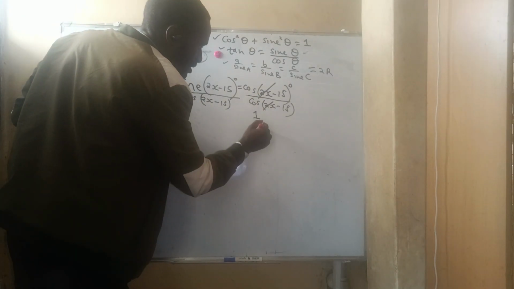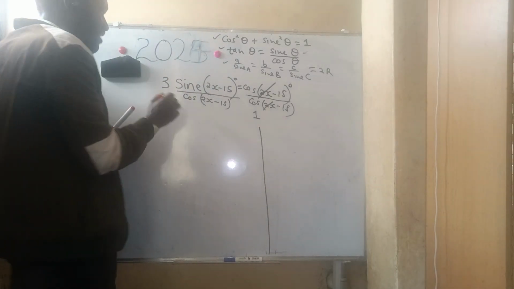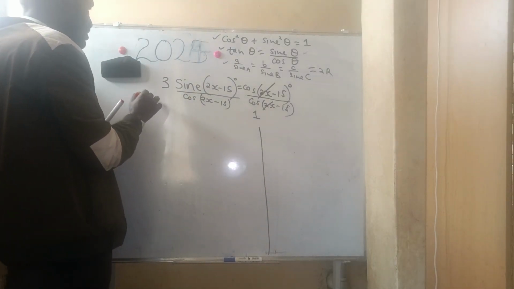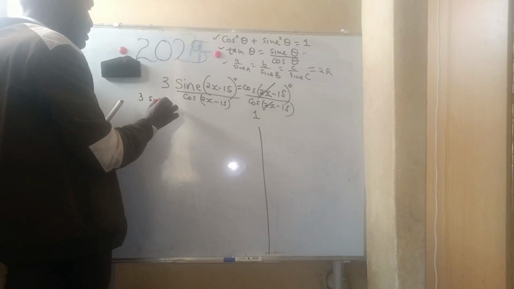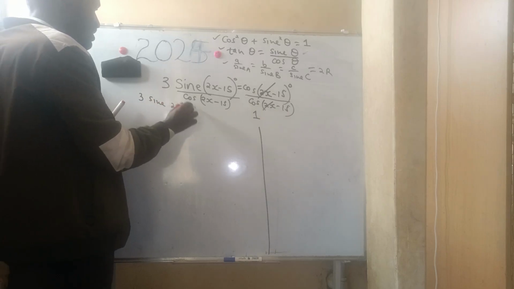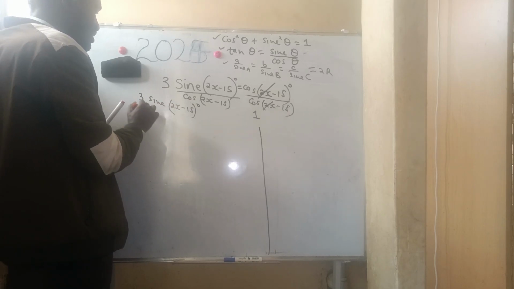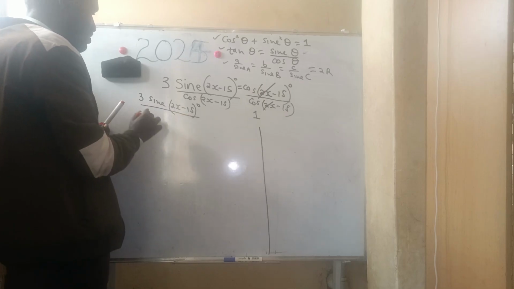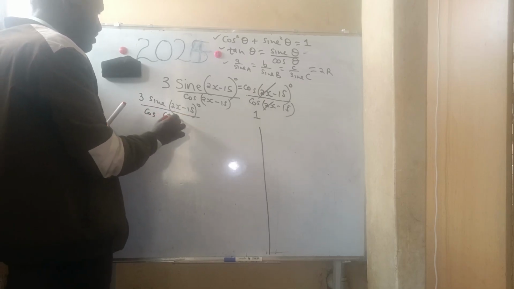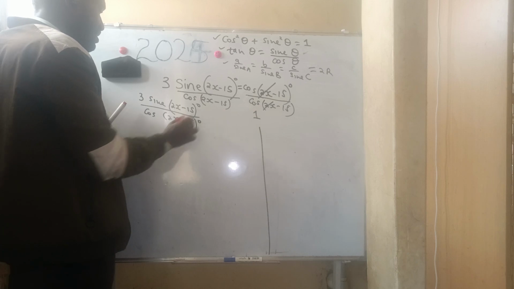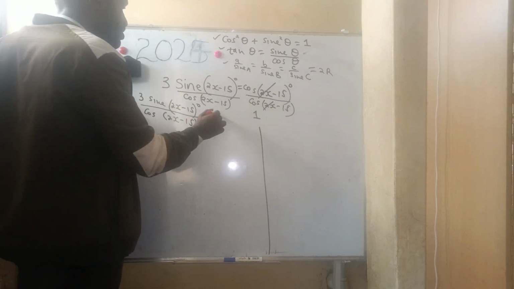Now we have 3 sine (2x minus 15) as an angle divided by cos (2x minus 15) as the same angle, and the answer must be equal to 1.